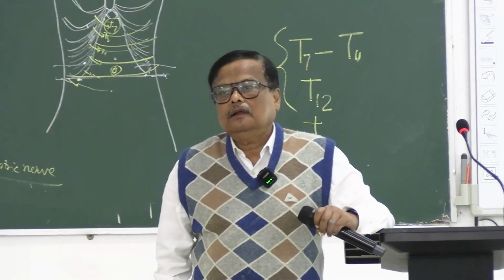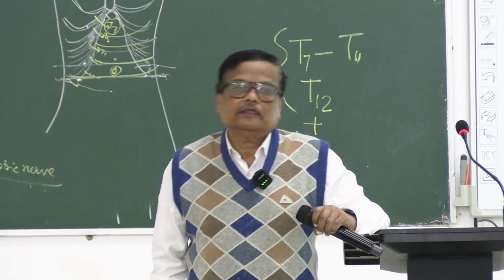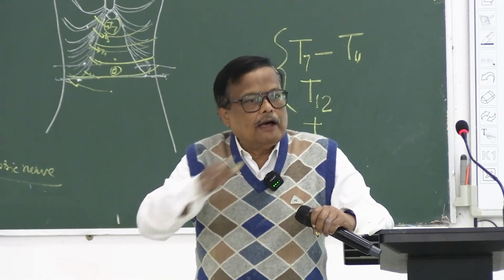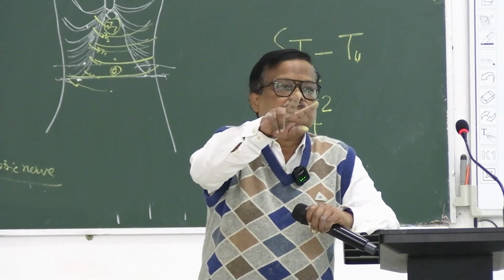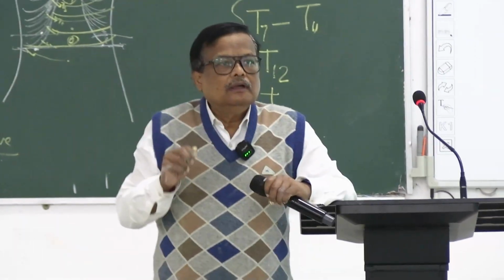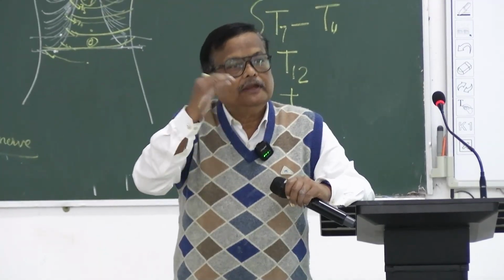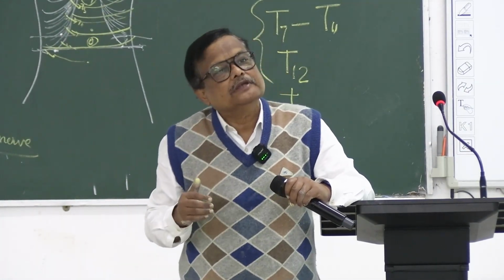Between the internal intercostal and the intercostalis intimus, second and third layers. In the thorax, all the intercostal nerves and vessels pass in a plane between two muscles, not the external intercostal, but between the internal intercostal second layer and the third layer, intercostalis intimus.